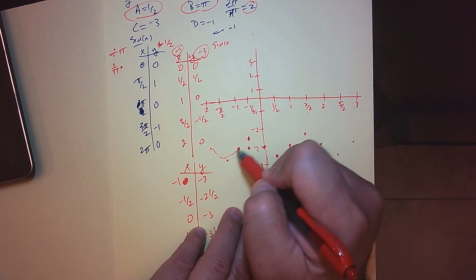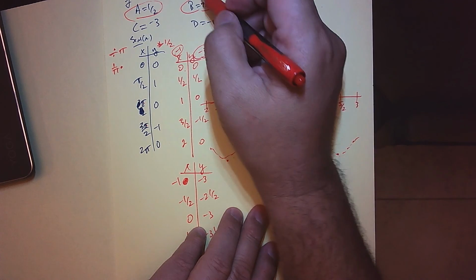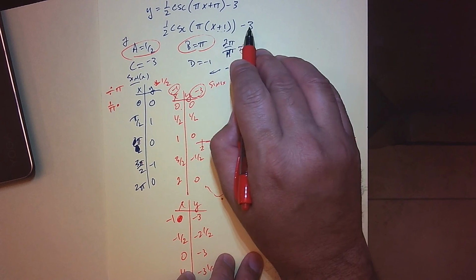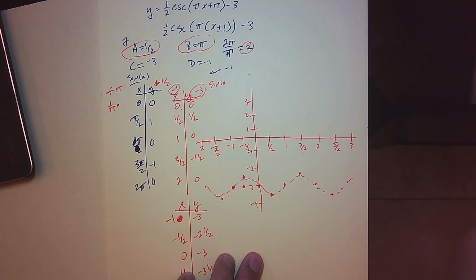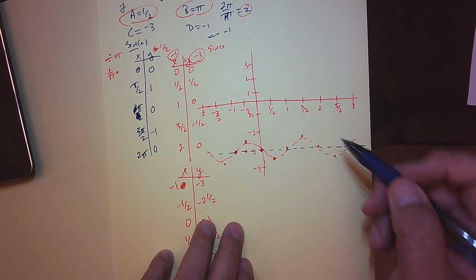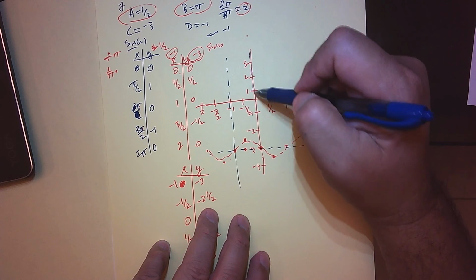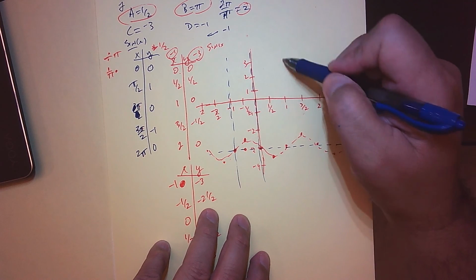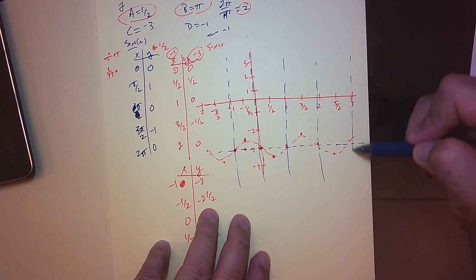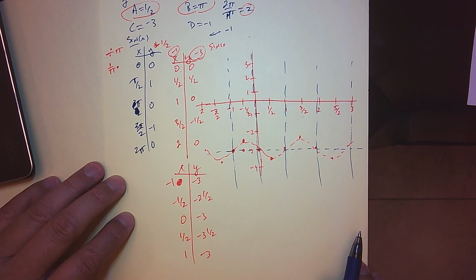So here is basically our graph, all right, of 1/2 sine of pi times x plus 1, minus 3. Equilibrium, right, is here at negative 3. And so wherever I have an equilibrium, so at negative 1, at 0, at 1, at 2, and eventually at 3, those are going to be all vertical asymptotes for the cosecant graph.